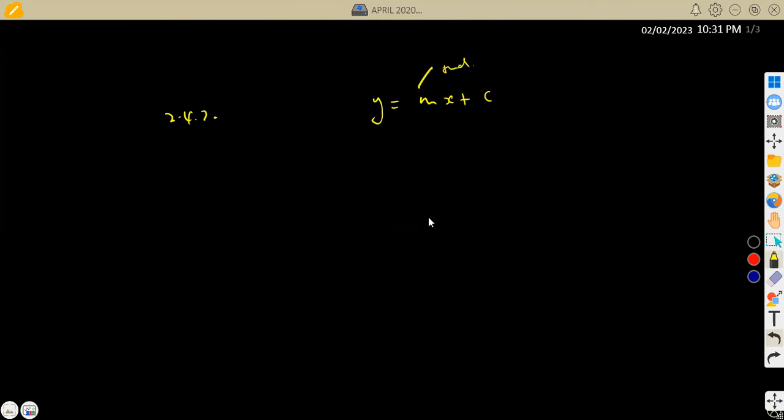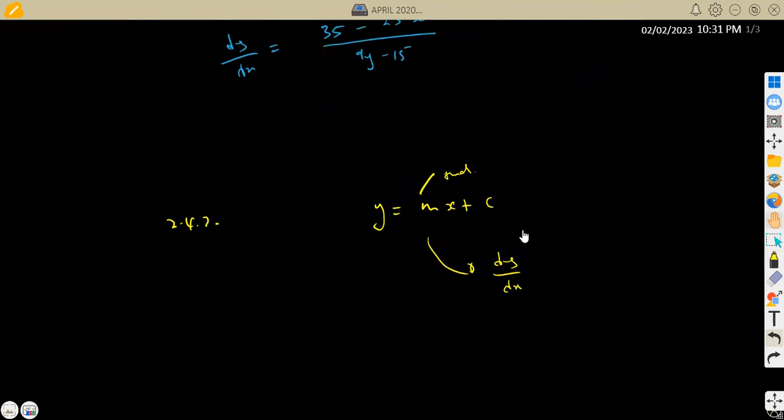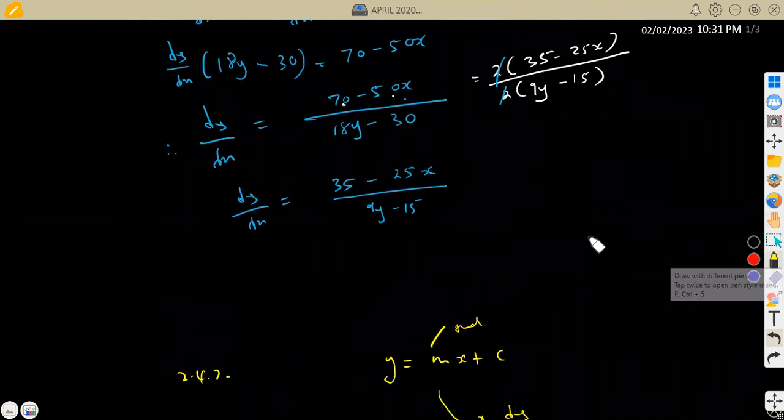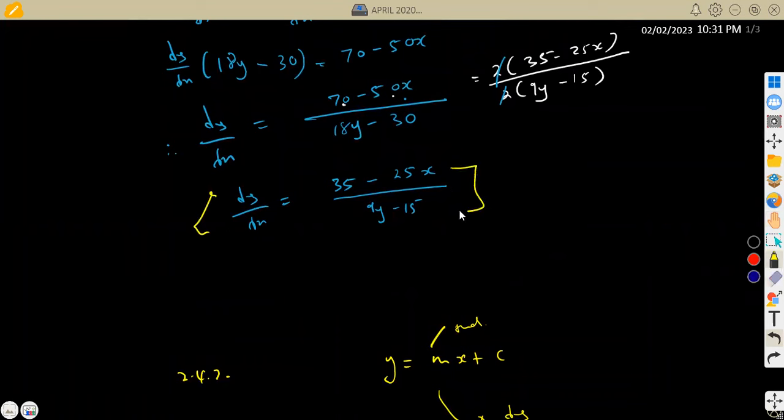So we have to find the gradient, and we know that the gradient is simply taken from the first derivative with respect to x. We calculated this before, this dy/dx.